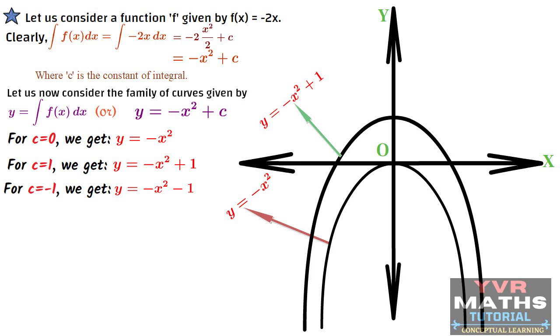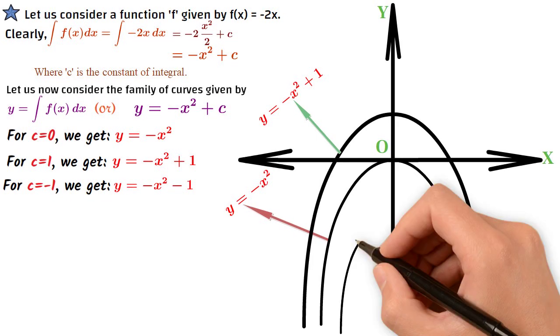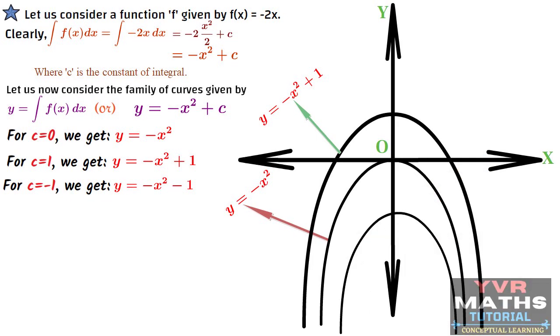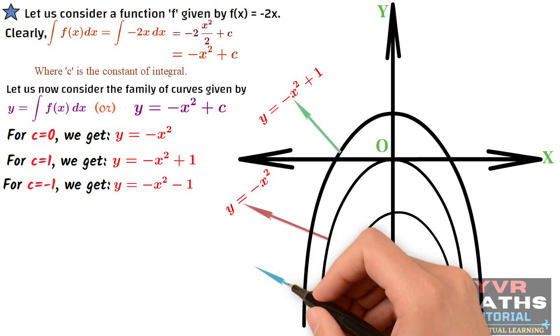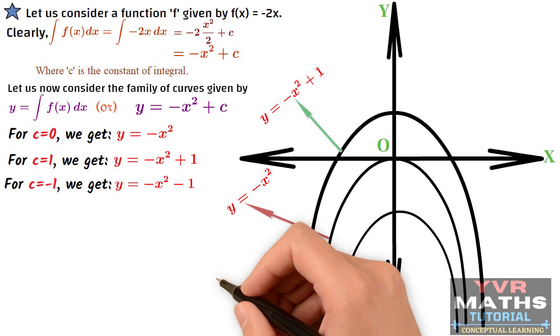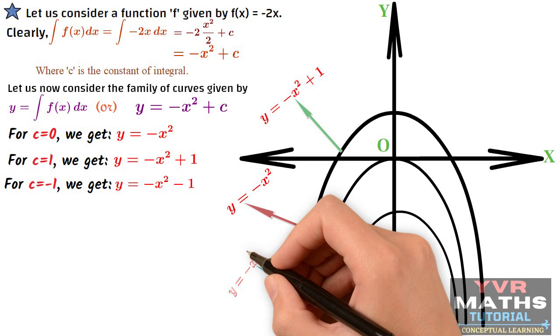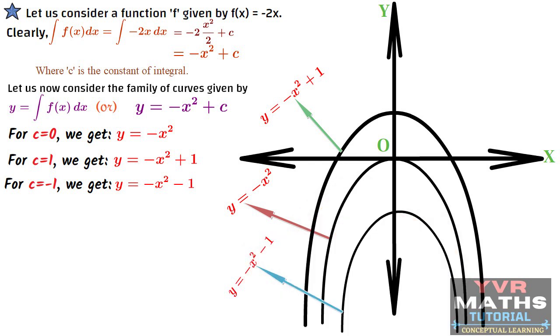Observe carefully students, negative direction of y-axis. So, the graph will be like this, which is the graph of y is equal to minus x square minus 1. Similarly, if we take any real number for c, the vertex of the parabola will lie on the y-axis only.